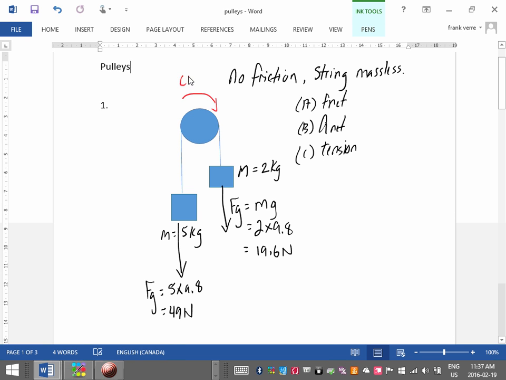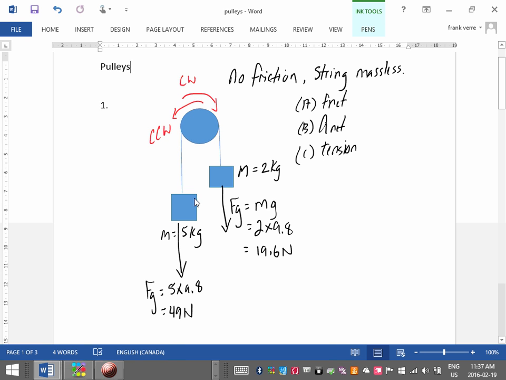But this one over here would want to move it counterclockwise. So if one way is positive, then the other way must be negative. We've got to think about the rotation of the pulley.